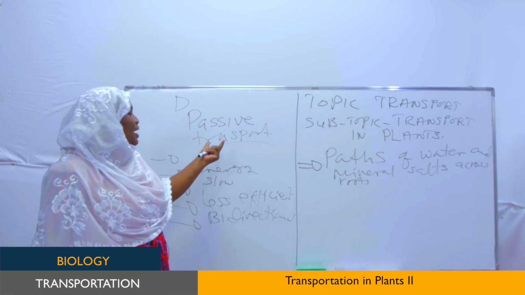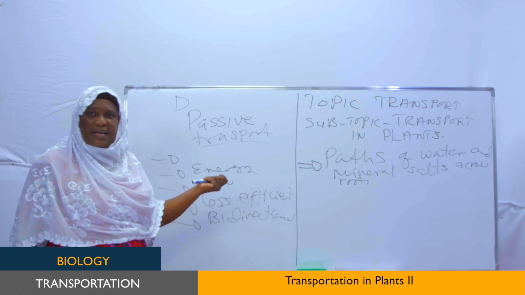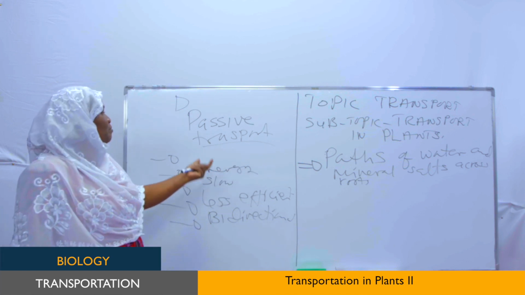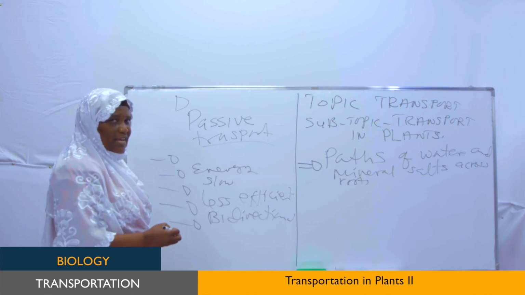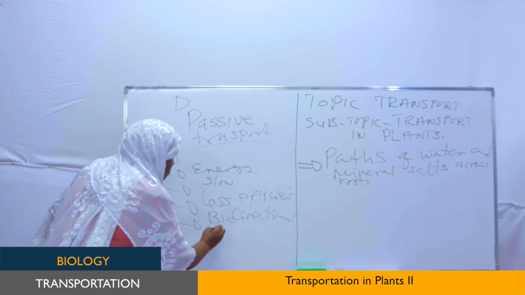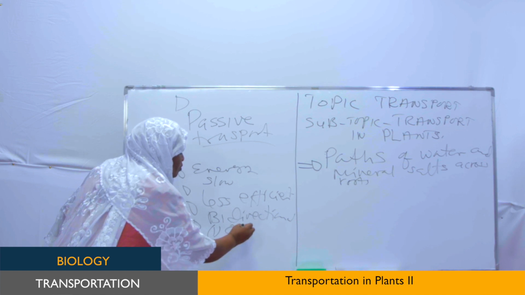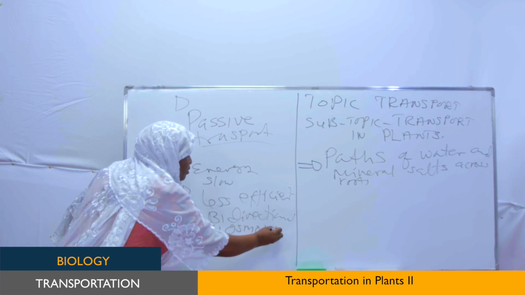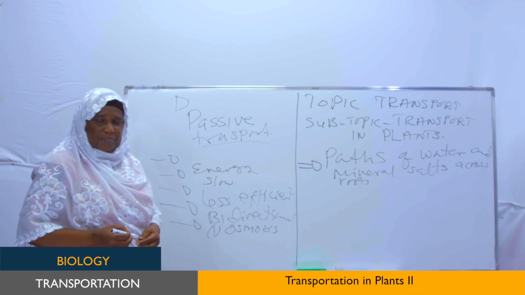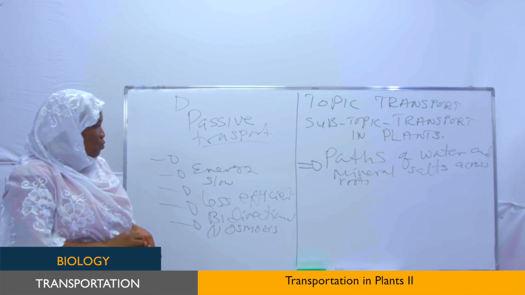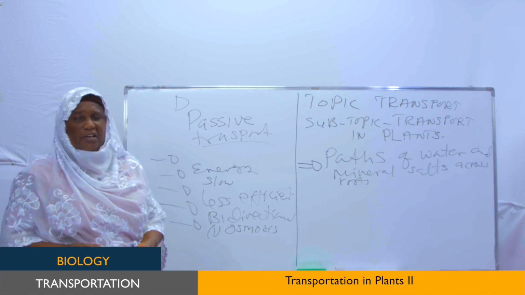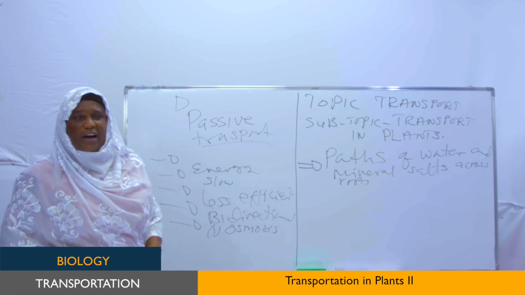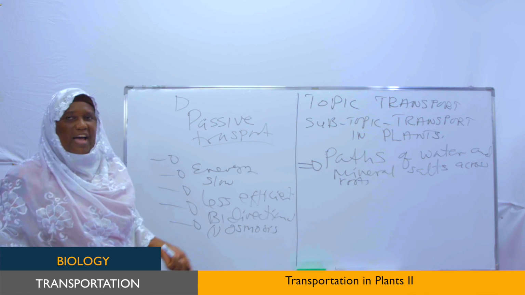And there are about 3 types of passive transport. The first one is known as osmosis. Osmosis. I think you know what osmosis is, because you have covered that one in O level and even in A level in Form 5.